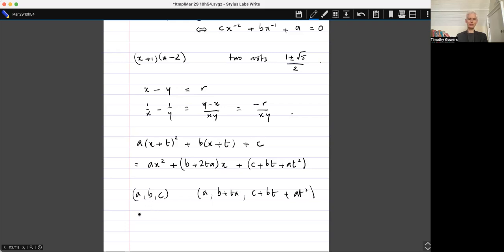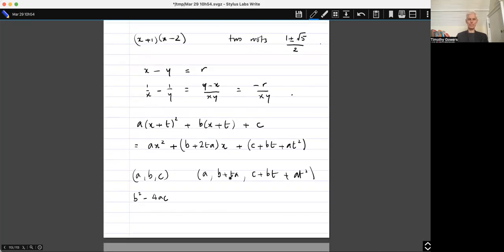So it's very tempting now actually just to look at the discriminant. I don't know why, just because it's such a natural invariant associated. I don't think this is going to work, but it seems a bit silly not to look at it. So b squared minus 4ac, and what about this?